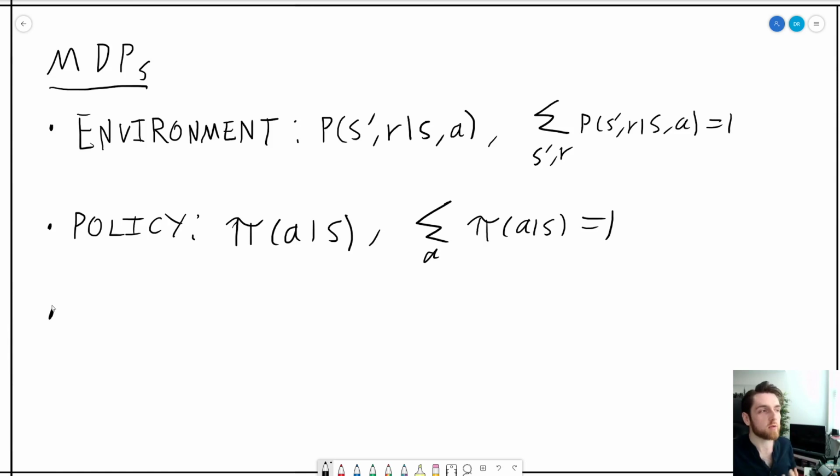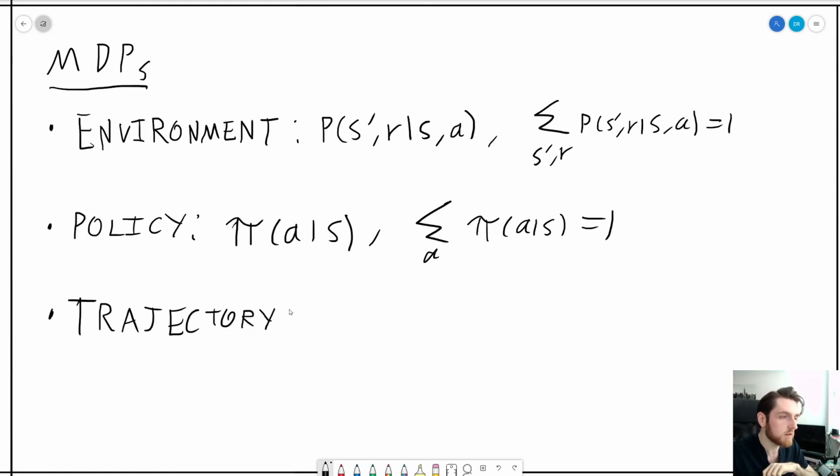And obviously, the things that we'll be interested in are full trajectories of the evolution given by these two conditional probabilities. These are sequences of states, rewards, and actions.